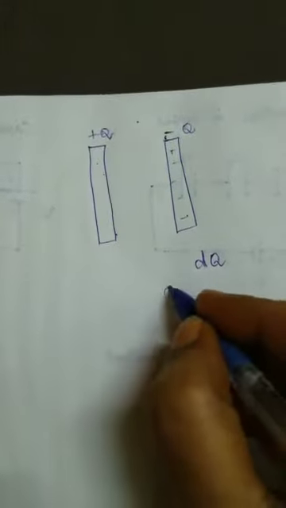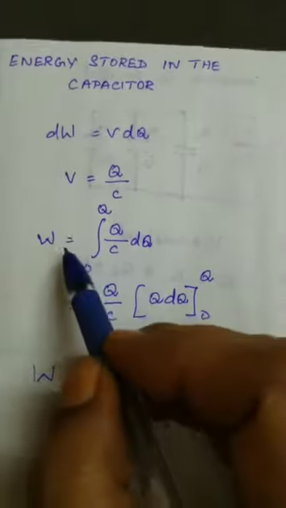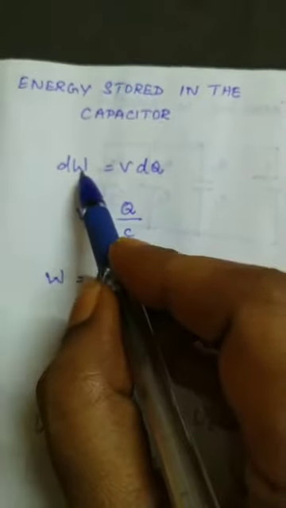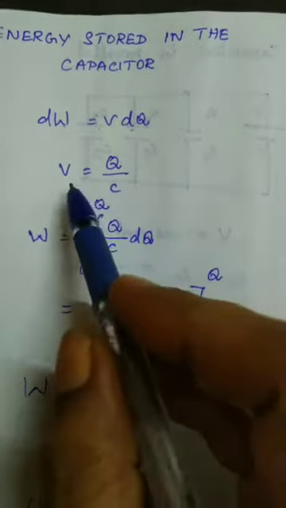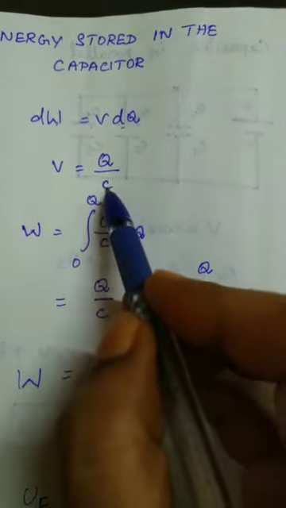So a small work done dW is going to be done. Work done dW is equal to V into dQ, right? Where V is equal to Q by C.